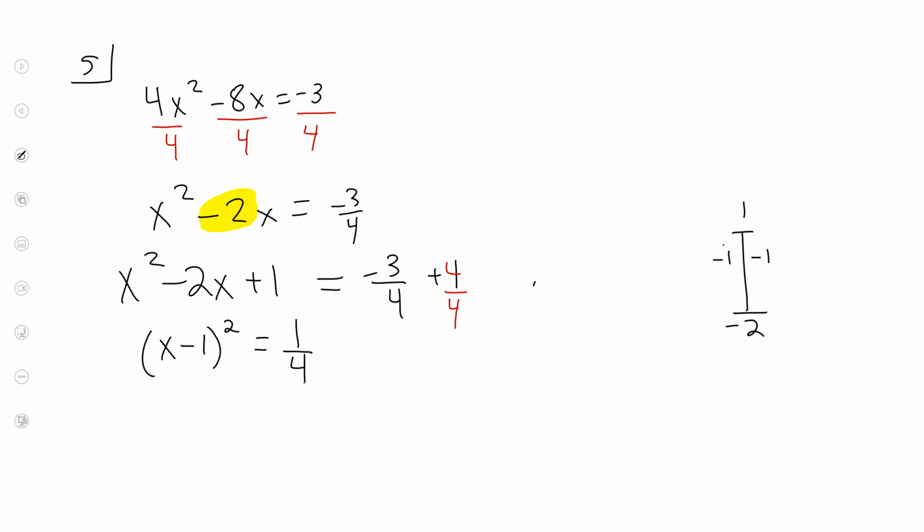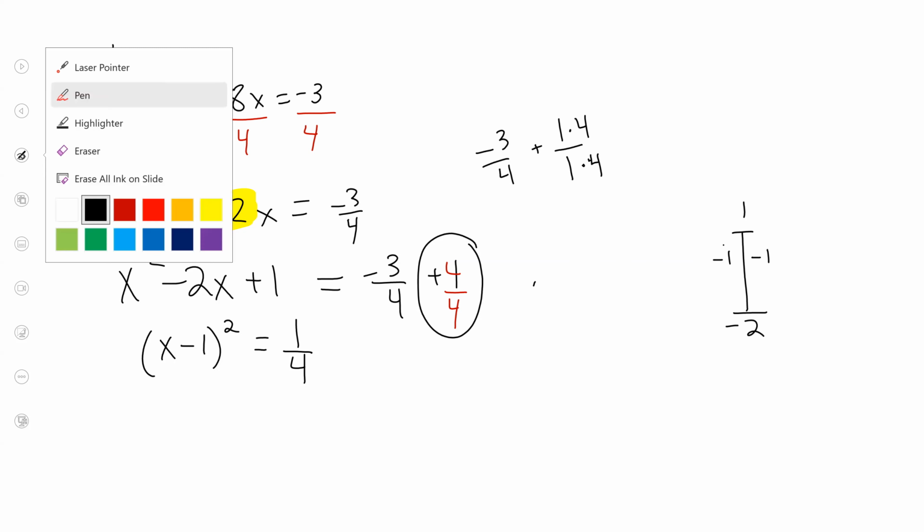Let me explain this part real quick. I had -3/4 plus 1. In order to get the denominator the same, I multiplied the denominator by 4 and multiplied the numerator by 4. That's how I got 4/4 right here. Then you combine and get 1/4. Now let's square root both sides.